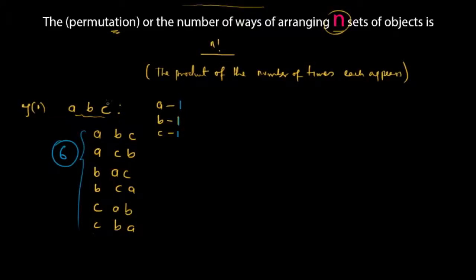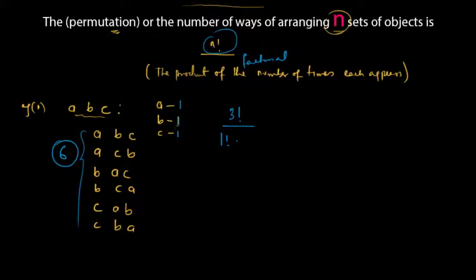So to find the permutation of A, B, C, the formula uses the number of objects we have. We have 3 objects, 1, 2, 3. So that's going to be 3 factorial divided by the product of the factorials of the number of times each appears.